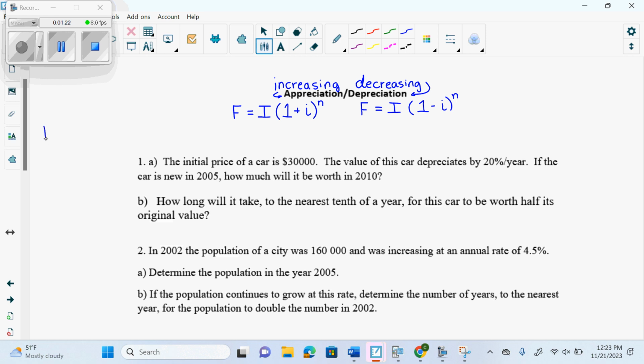So F is the final amount. I is the initial amount.